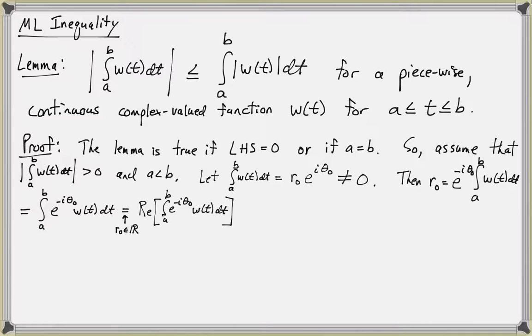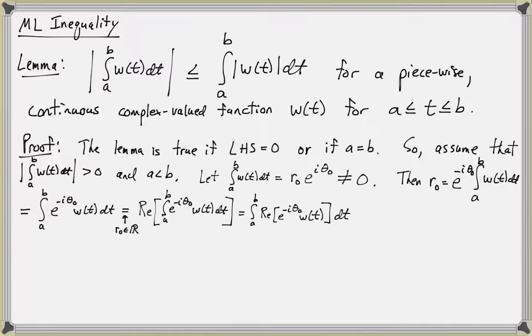And as we defined these complex integrals, we defined the integral by breaking it up into its real and imaginary parts. And so the real part of this integral is equal to the integral of the real part of this function. So it's equal to the integral from a to b of the real part of e to the minus i theta 0 w(t) dt.